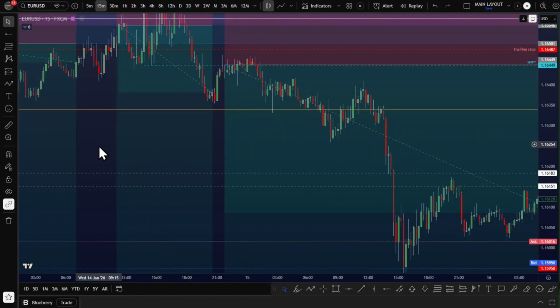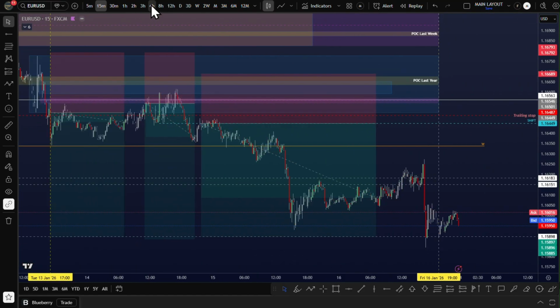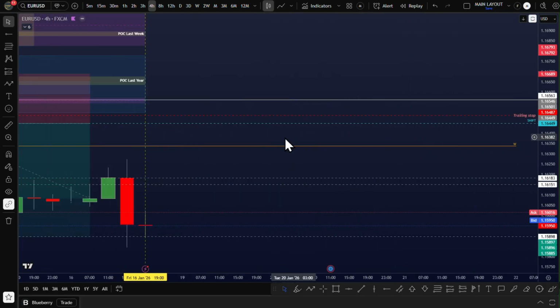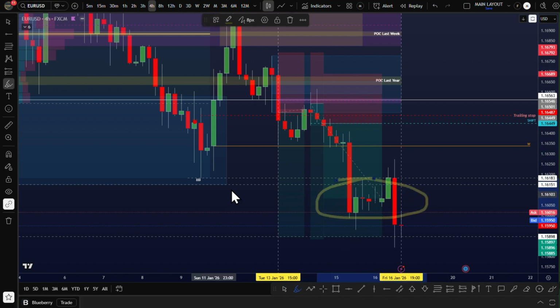So that's the trade for Euro USD, and I got out around this zone here when we ran this low.